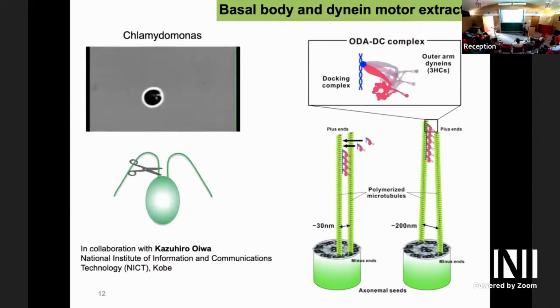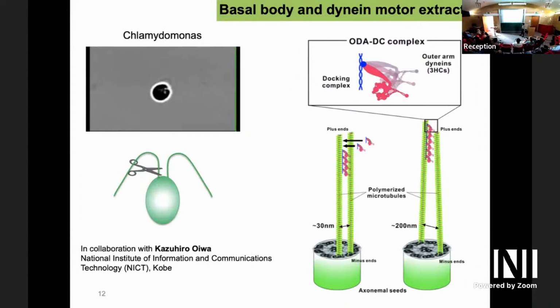That is exactly the protein that you have in cilia and flagella. What we did was cultivate the model system that I showed you before, this algae, and we cut the flagella. We used the flagella to purify these proteins together with this docking complex, a complex that is used to attach the motor proteins to the microtubules inside the cilia and flagella.